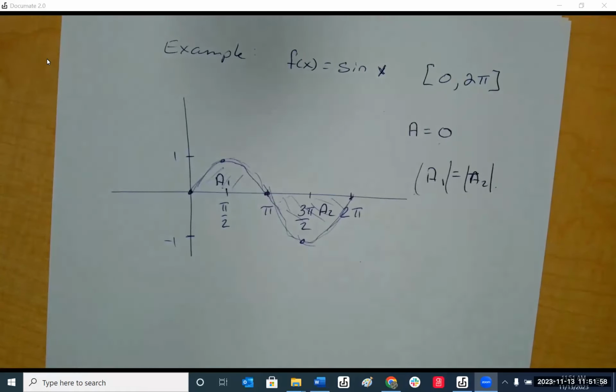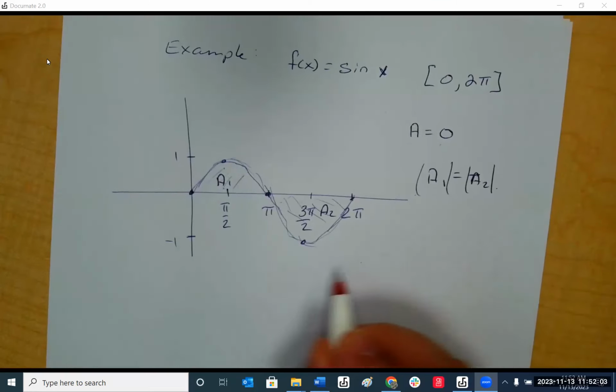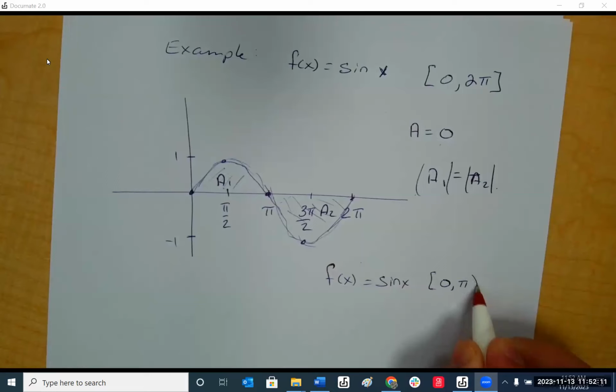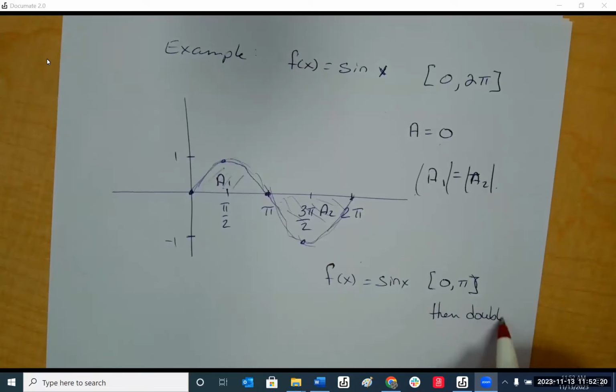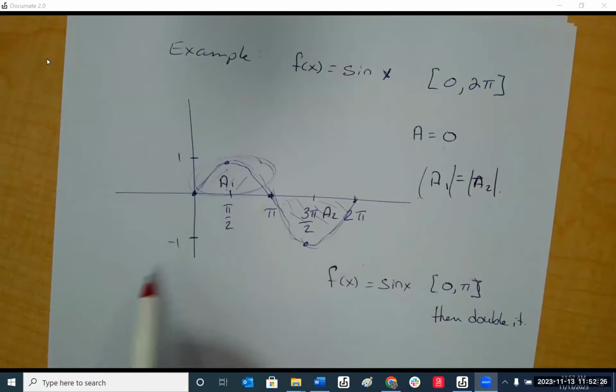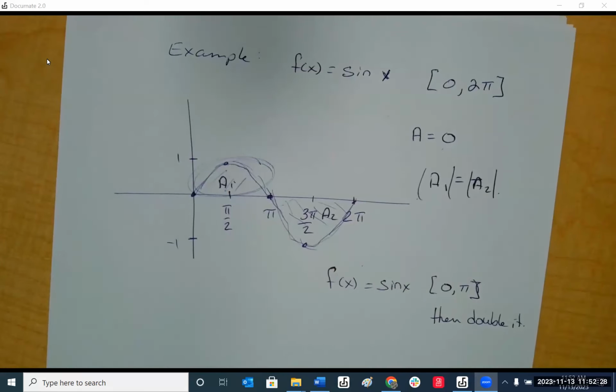So if that's the case, wouldn't we change our bounds from 0 to 2 pi to 0 to pi, and then double it? If we found this area, we multiply by 2, and we found both of those areas.